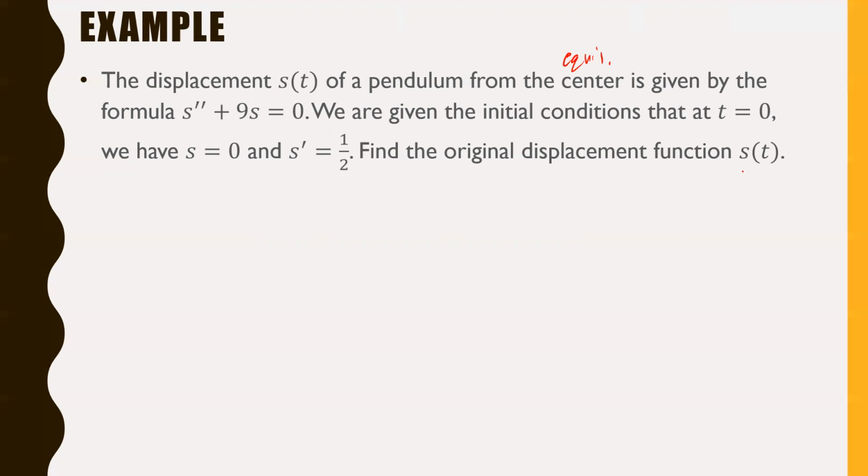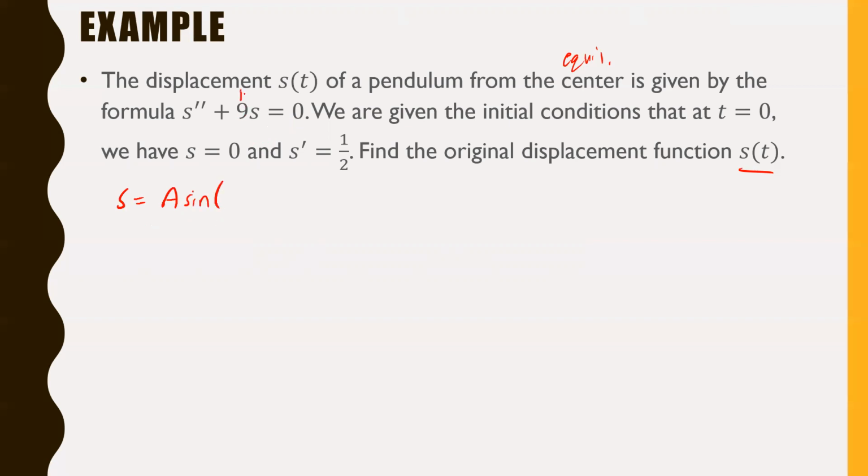So we're looking for the original displacement function, S of t, right? We know that it follows a spring slash pendulum formula here, where we have a second derivative plus a number times your displacement function equals 0. That means we know, and we don't have to show any work for this, it's just a thing that we'll accept as fact, that our function S is going to take the form A times sine of the square root of k.